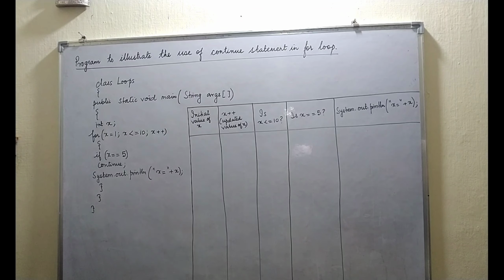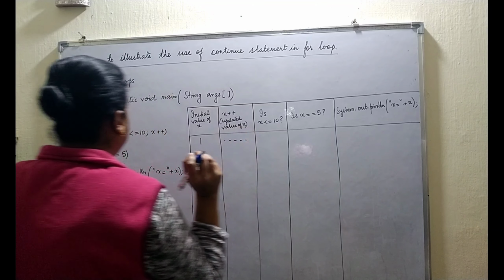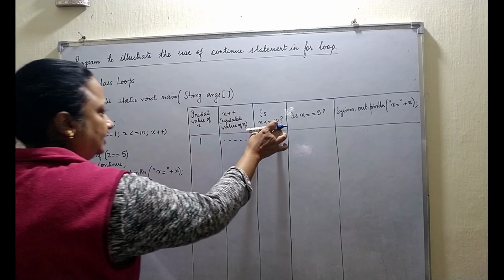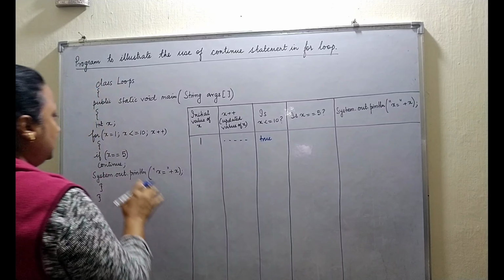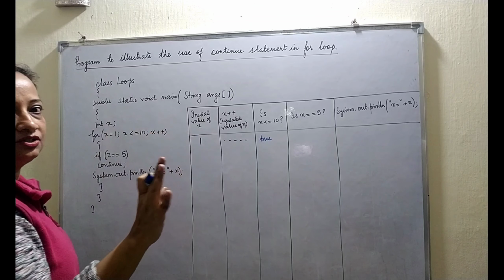What is the initial value of x here? The initial value of x is 1. So we write here x is equal to 1. The update is not to be done in the first case. Now 1 less than or equal to 10 is true here. Now if x equals 5, x value is not equal to 5.